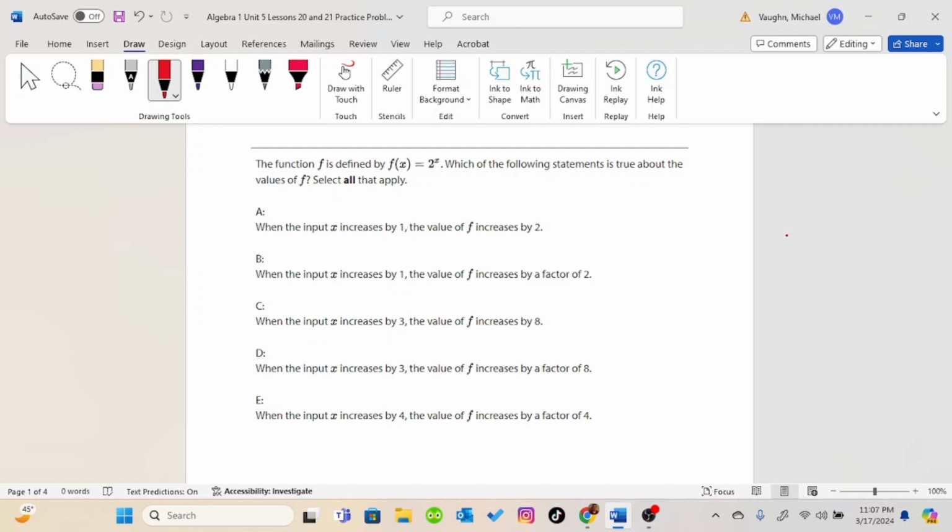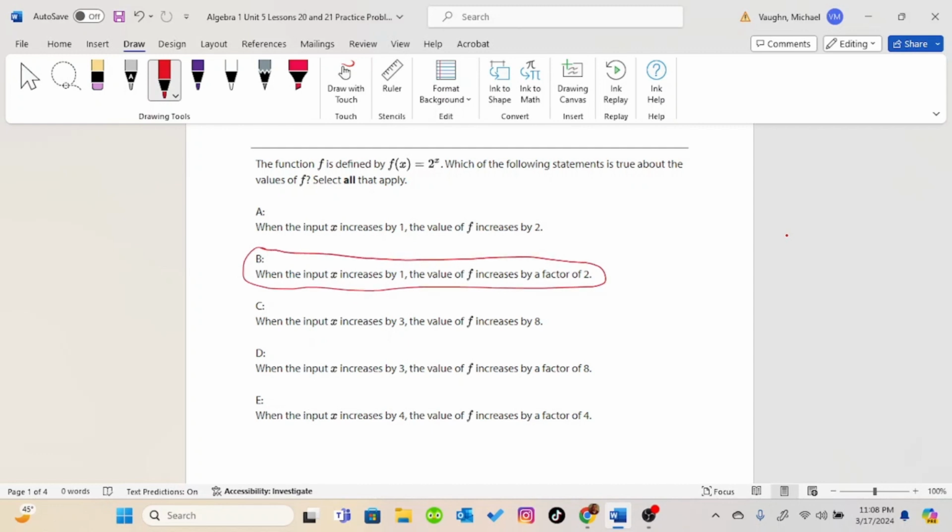So you're not adding 2 each time. You are increasing the exponent, which makes you multiply by 2 an additional time. So that would be increasing by a factor of 2, not increasing by 2.